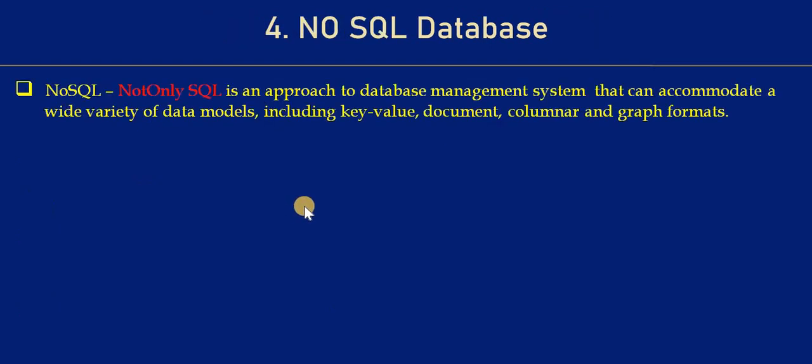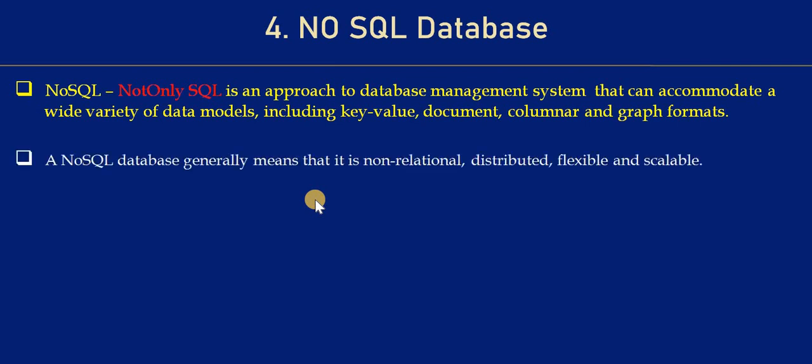And coming to the fourth one, NoSQL database. The abbreviation for NoSQL is not only SQL. NoSQL is an approach to database management that can accommodate a wide variety of data models, including key-value, document, columnar, and graph formats.